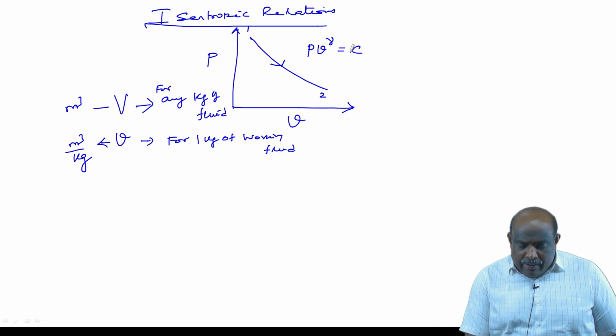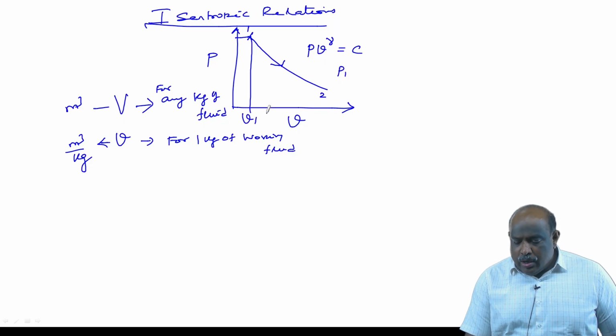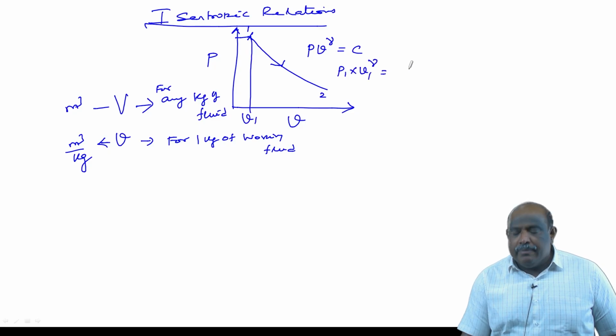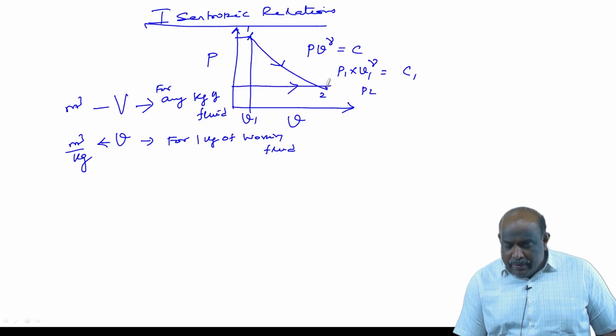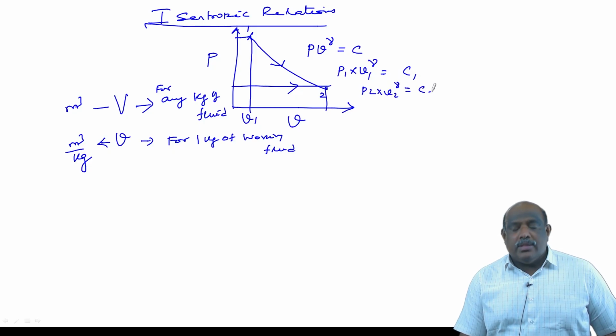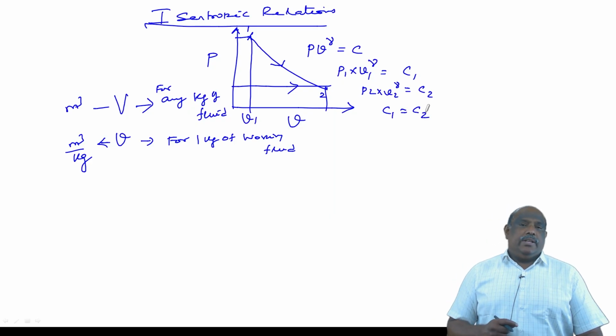For example, I know P1 and I know small v1. I multiply P1 and v1 to the power of gamma, and I get some C1. Then you take point 2, with my P2 and my v2. You know the gamma, you get C2. Now, the beauty is that C1 will be equal to C2. That is the meaning of this equation.